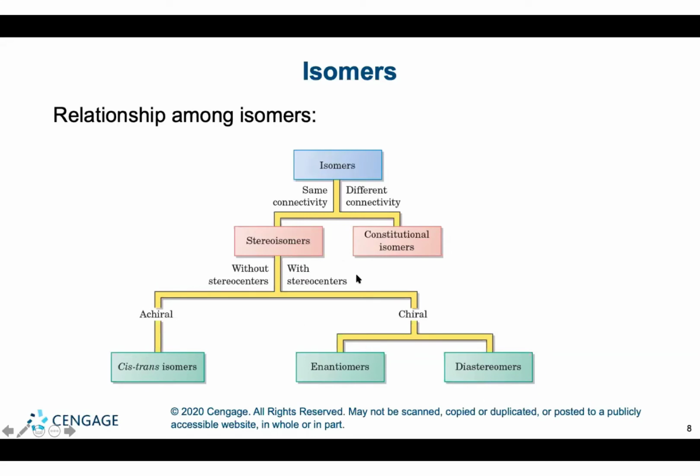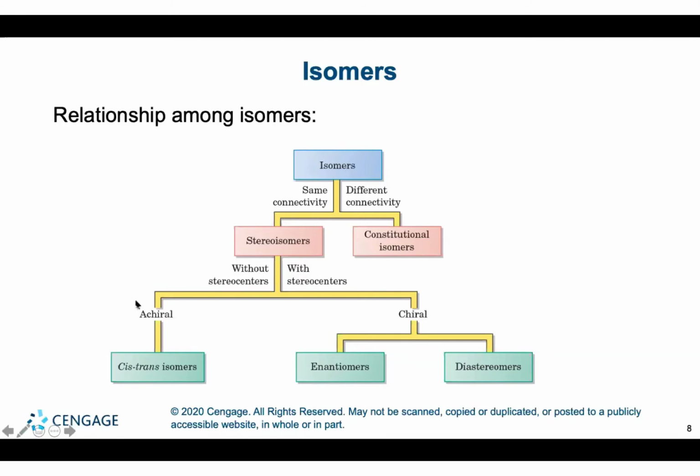So whenever you have a chiral carbon, you can realize if you have enantiomer or diastereomer. If you don't have a chiral carbon, you will have an achiral. Do you remember we have normal and abnormal, right? In the English language, it is the same.